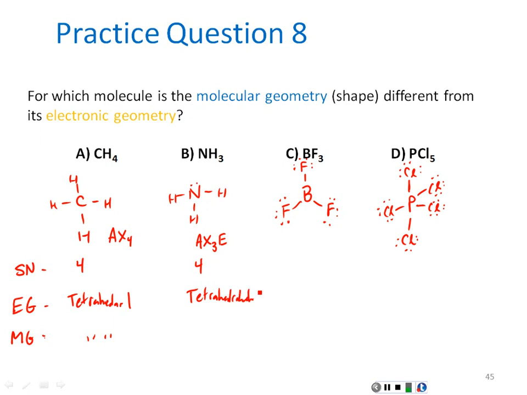Molecular geometry now, this is where it differs. Now we only consider the bonding pairs of electrons, and there are 3 hydrogens bound, but there's that one lone pair that repels the 3 hydrogens.